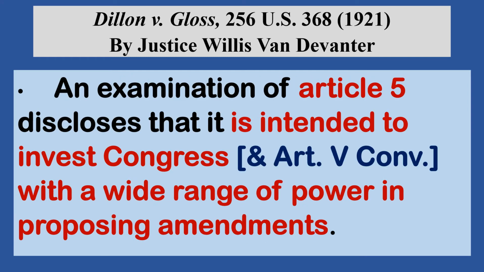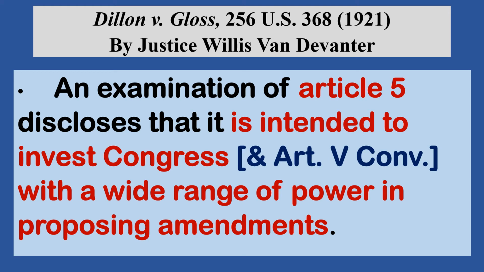The next case we're going to look at is Dillon versus Gloss, a 1921 case. In this case, it was challenged whether Congress could place a 7-year limit for ratification of a proposed constitutional amendment. The court found that it was within Congress's power and sets forth a statement that gets confirmed in the modern day term limits cases, that Article 5 is intended to invest Congress with a wide range of power in proposing amendments.